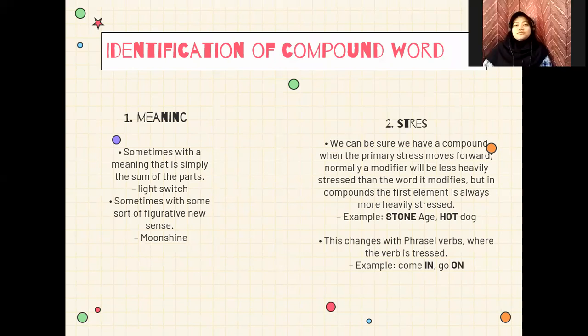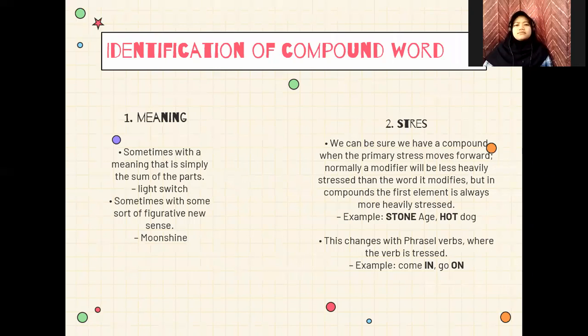Okay, thank you so much, Rivaldi. Identification of component words. One is their meaning, sometimes with a meaning that is simply the sum of the parts, like switchblade, sometimes with some sort of figurative new sense, like moonshine. The semantic relationship of the parts can be of a kind, like a window cleaner cleans windows, but a vacuum cleaner does not clean vacuums. And we can ensure we have a compound when the primary stress moves forward.